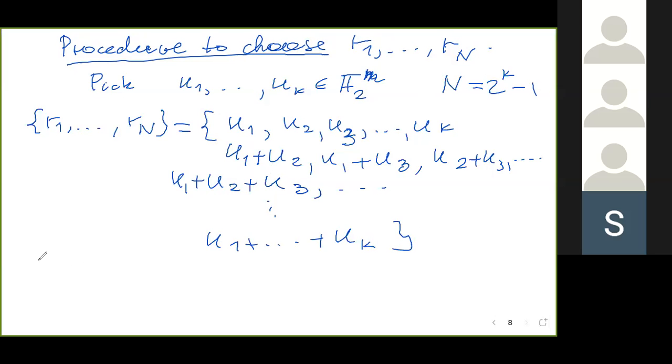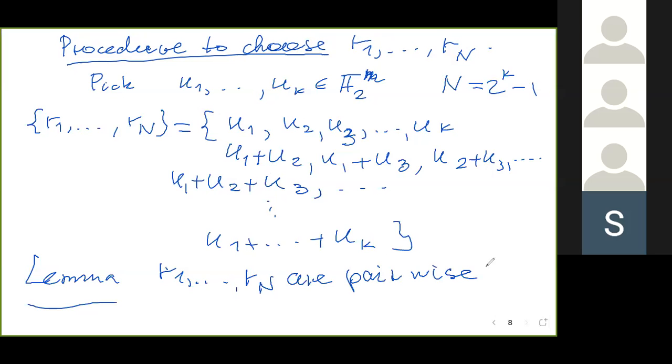And the point is that those R's are pairwise independent, and each of them is uniformly distributed, has uniform distribution.